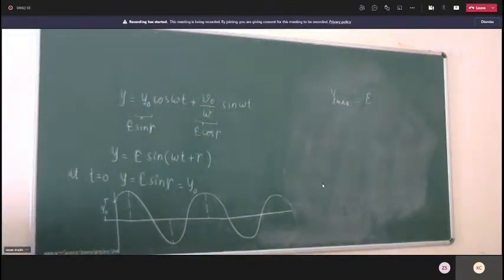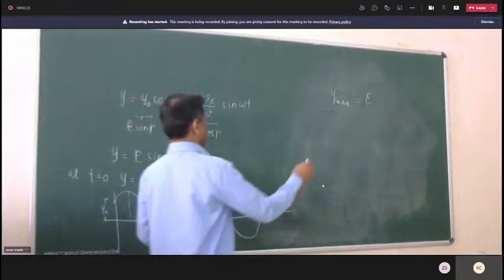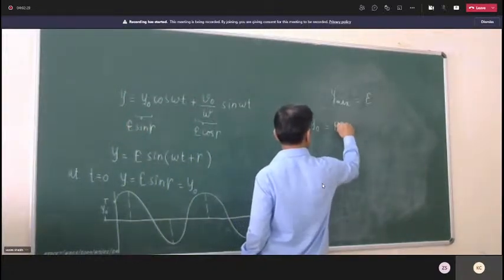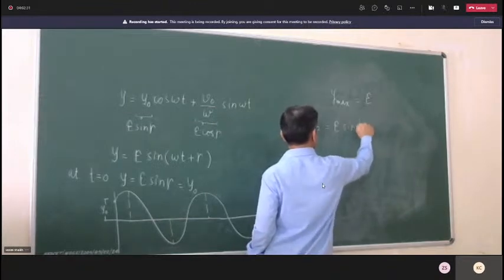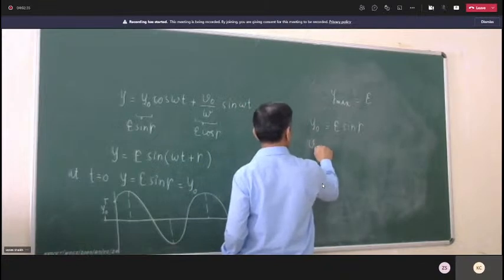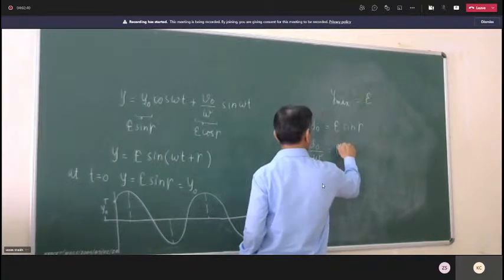Now how will you get E? See, y0 is E sin gamma, that I am assuming, and V0 upon omega is E cos gamma.